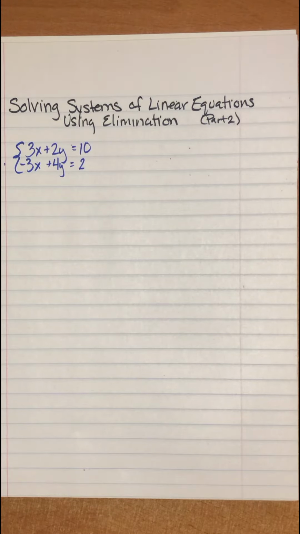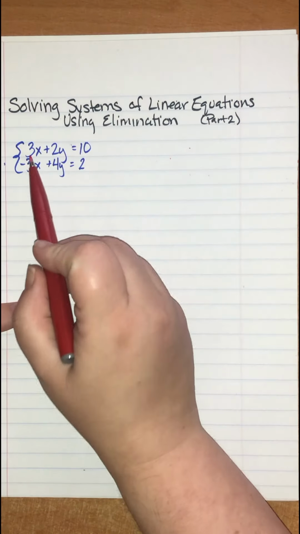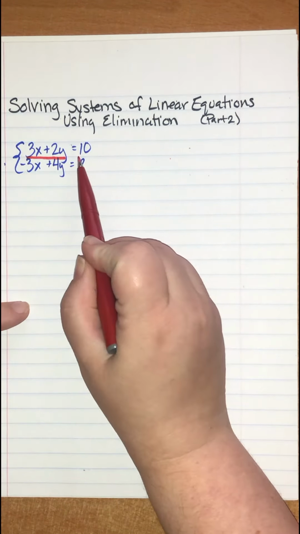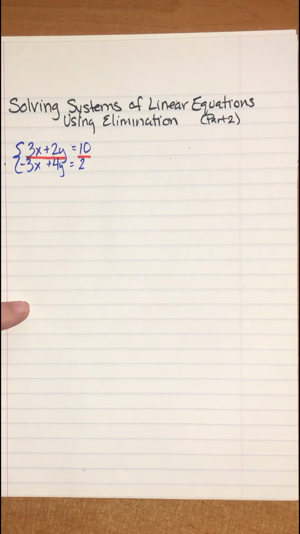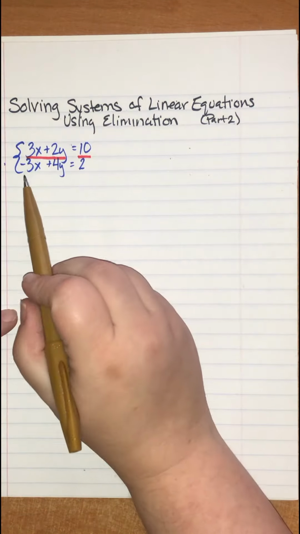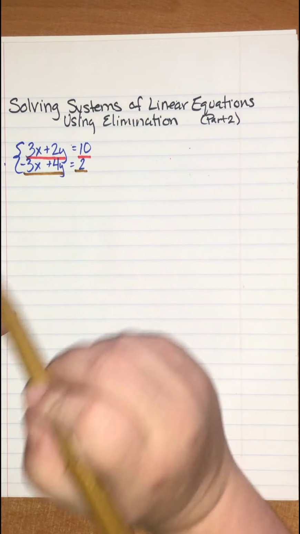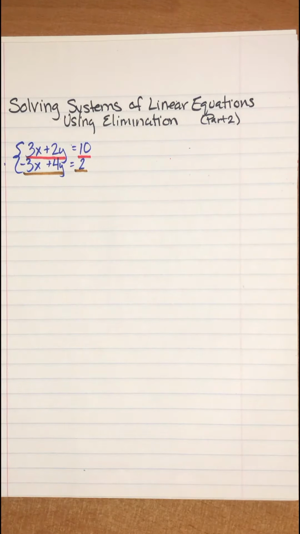So I want to review some concepts first, which is a reminder: 3x plus 2y is equivalent to 10. So these are interchangeable. And negative 3x plus 4y is equivalent to 2, meaning those are interchangeable.